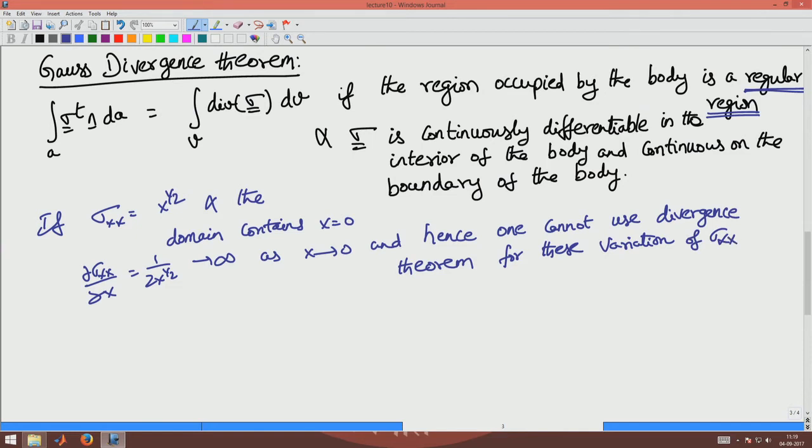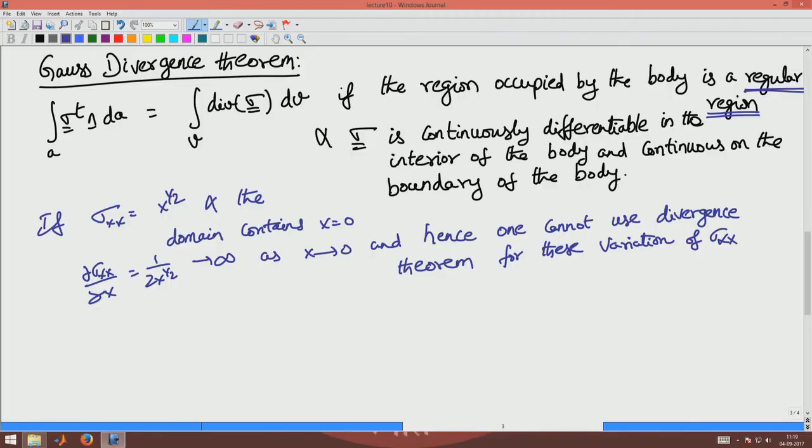In other words, if you are looking at fracture mechanics, the crack tip has a stress blowing up to infinity. In such a case, the divergence theorem does not hold, and you can't solve the problem by writing the equilibrium equation of divergence of sigma plus rho b equal to rho a. You have to go to the integral equation and then solve the problem. Okay. So, that is the main thing that I want to stress here.